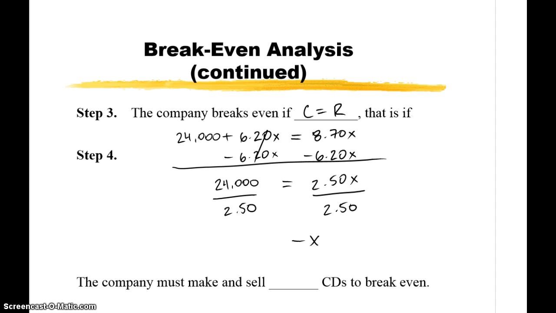That is going to give us that x is 9,600, which you could verify with a calculator. So the company must make and sell 9,600 CDs in order to break even. That's the number that's going to make cost equal revenue.